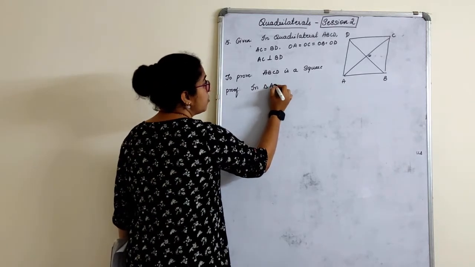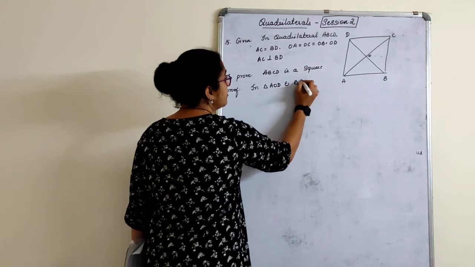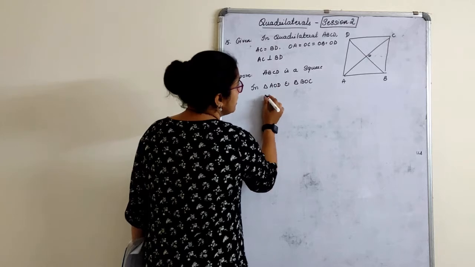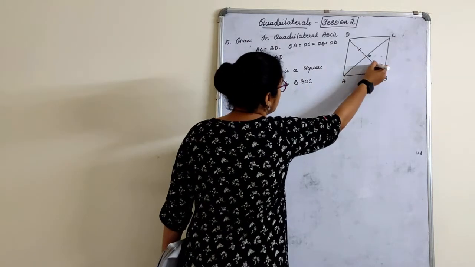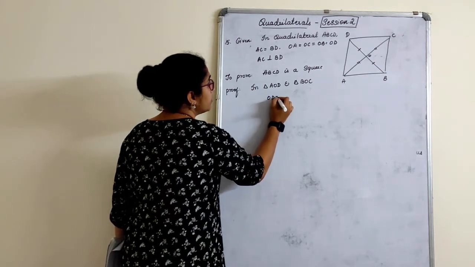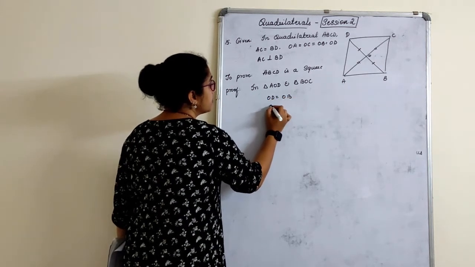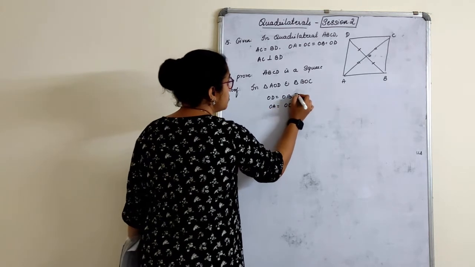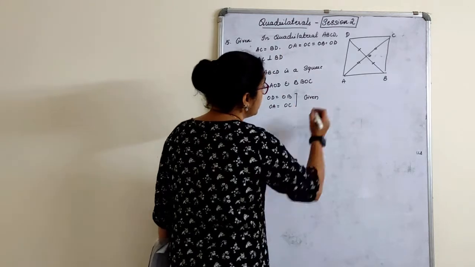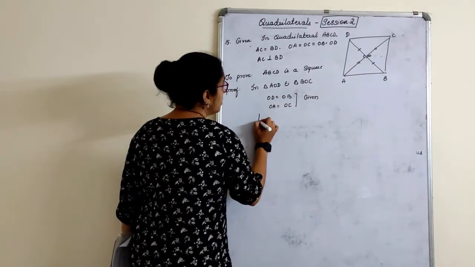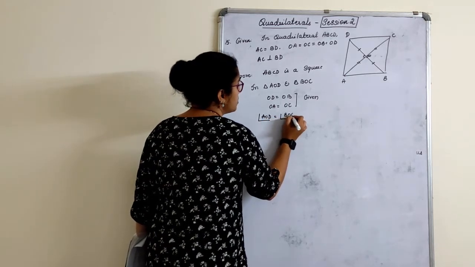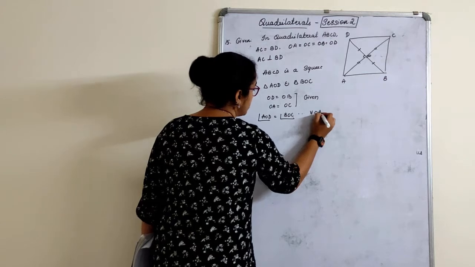In triangle AOD and triangle BOC. So OD is equal to OB. OA is equal to OC. Given, I will write given because I have already written there. Diagonals are equal. Then these two angles are equal. Angle AOD is equal to angle BOC, vertically opposite angles.